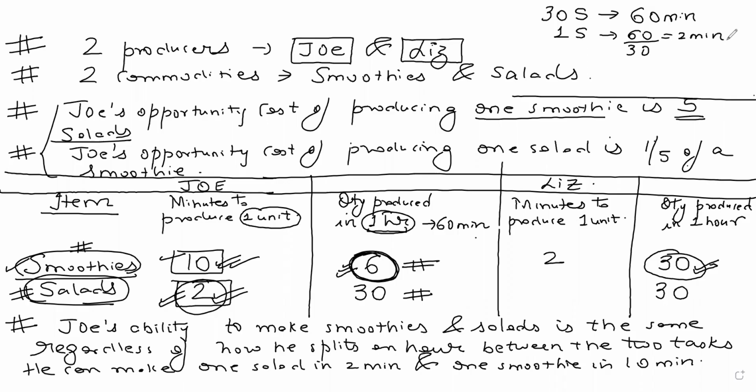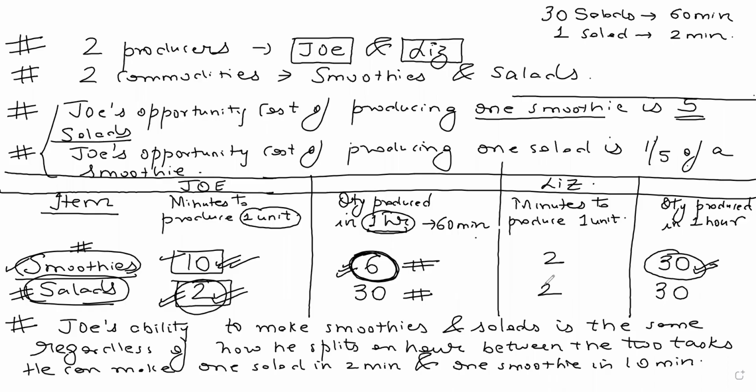And on similar lines, this will also be 2 because 30 salads can be made. I can write it here only that Liz can make 30 salads in 60 minutes. So she can make one salad in 2 minutes.